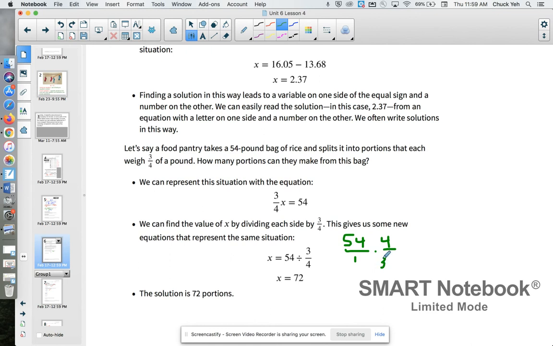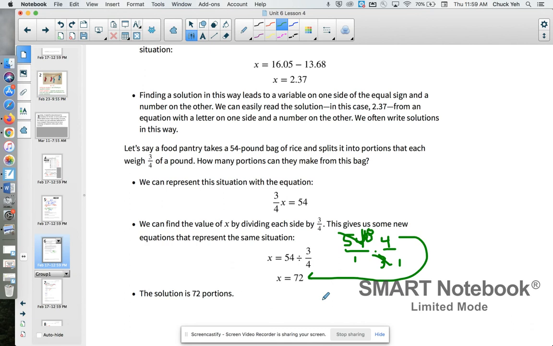So you can do it that way. Because 3 can go into 54 18 times, and 3 can go into 3 once. Well, what's 18 times 4? 72. And 1 times 1, it's 1.